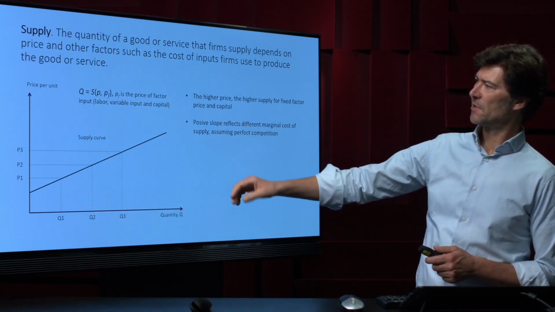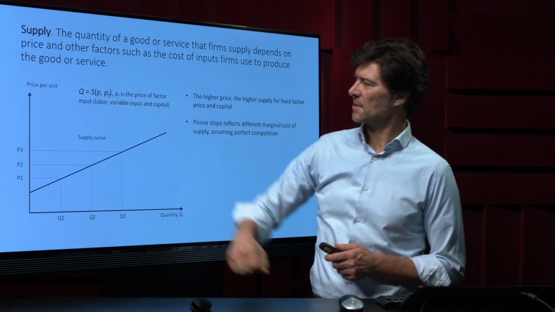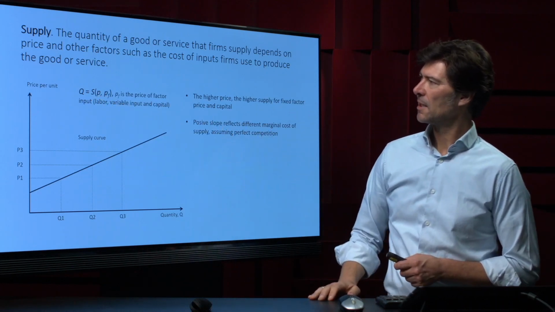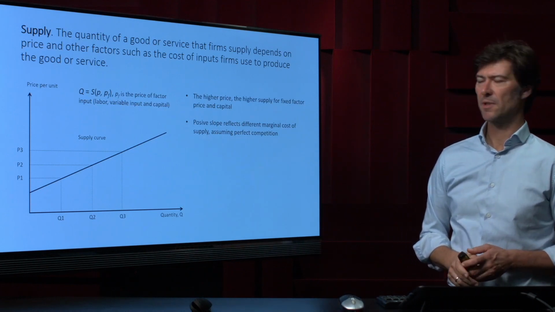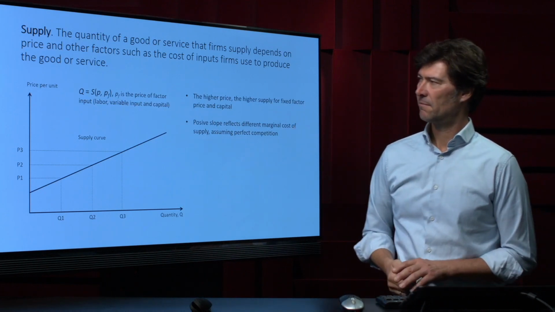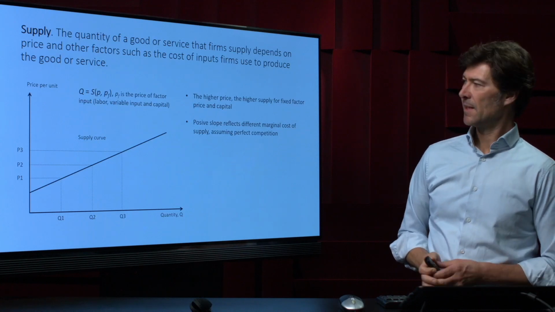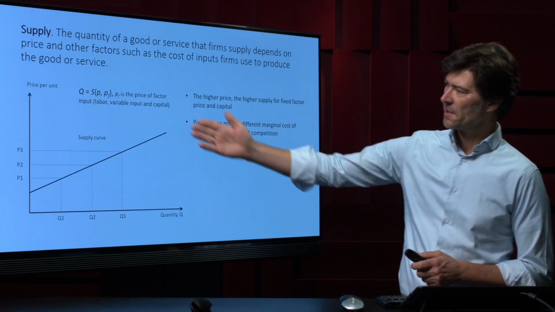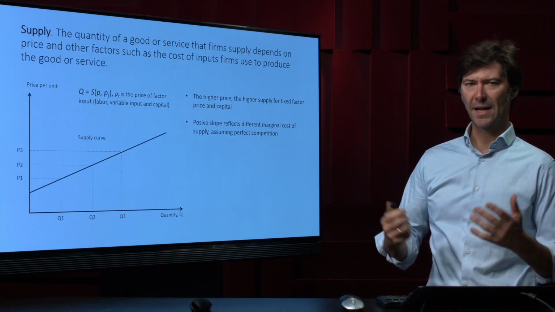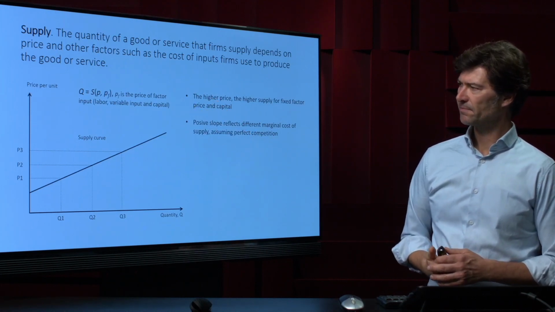The supply curve is typically a function of the price of this particular good, also the price of the factor inputs, which can be labor, variable input or capital. If this is a supply curve for the electricity market, the variable input could be coal, gas, and so on.